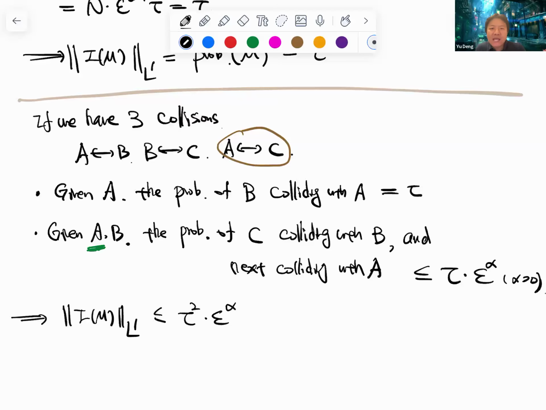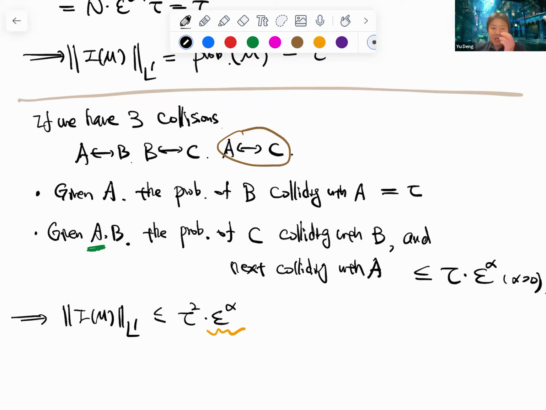But this diagram can be arbitrarily large, and the structure can be arbitrarily complicated. So our goal is to show that even in these arbitrarily complicated graphs, we still can get this factor here, which is even proportional to the number of recollisions. Okay, so this is what we'll do for the rest of today.